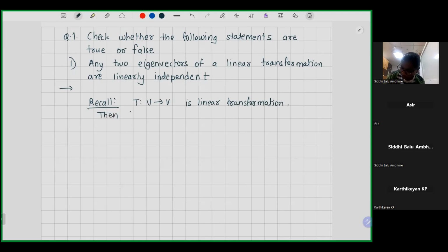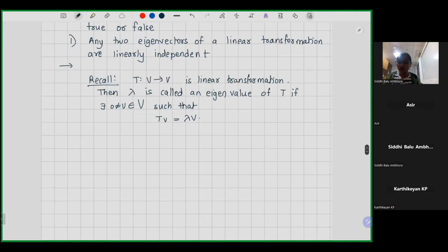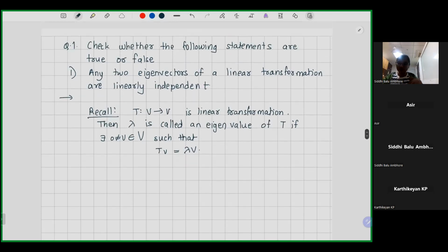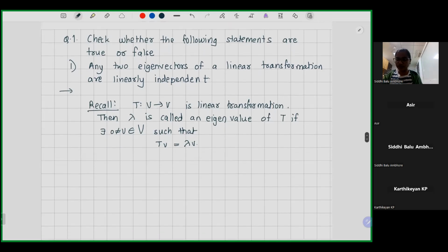Then lambda is called an eigenvalue of T if there exists a non-zero vector v in V such that Tv is equal to lambda v. So what they are asking is whether any two eigenvectors are linearly independent. Any guesses, true or false? You can write your guesses in the chat.